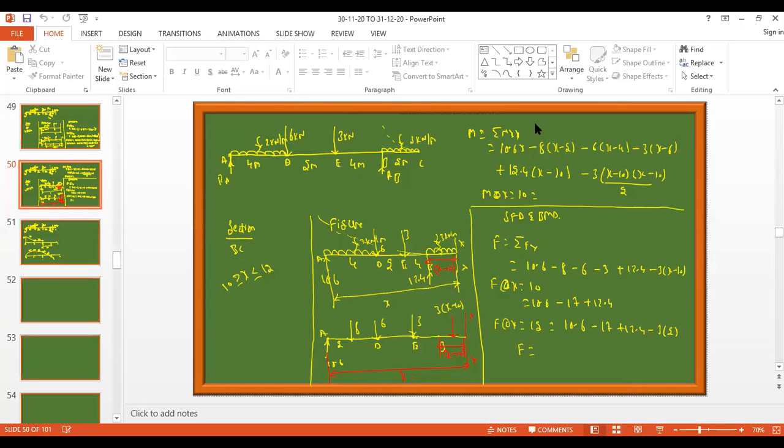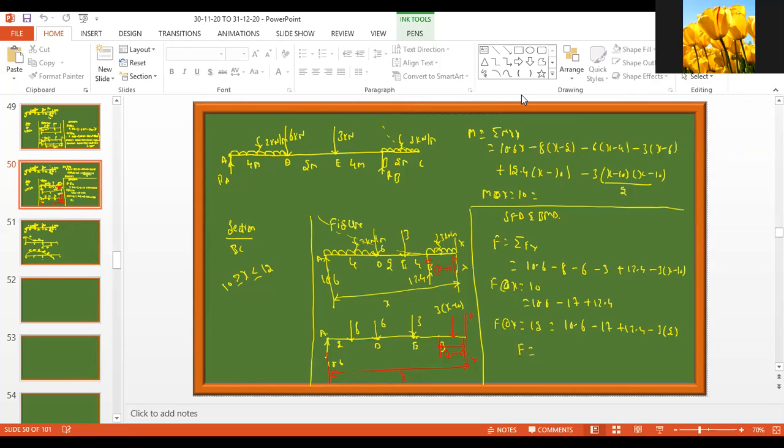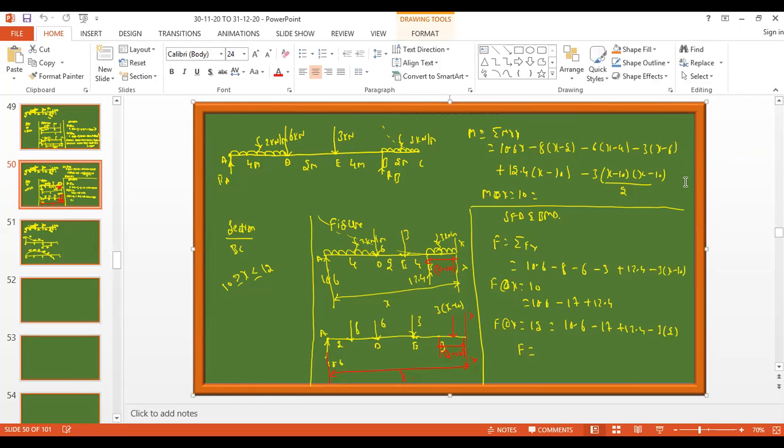I could not complete the problem, and we need to find the shear force. I have left at this point.